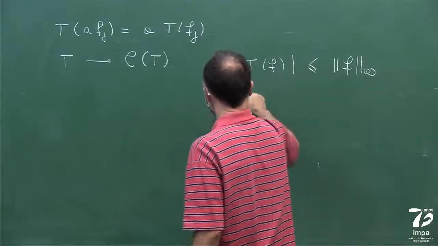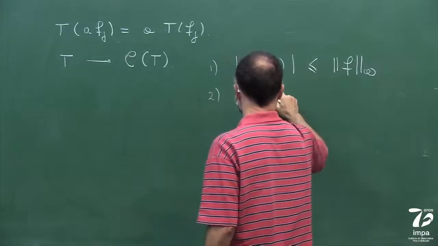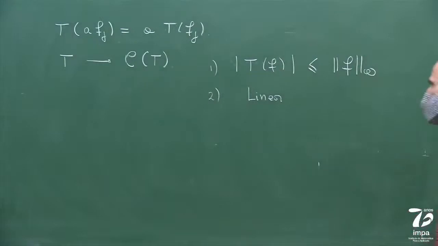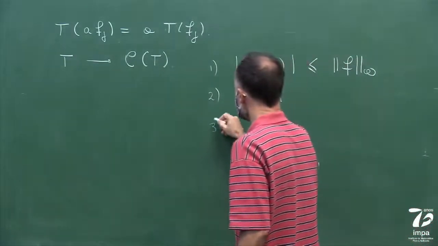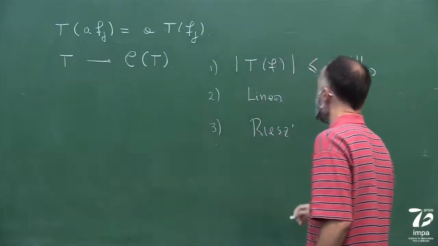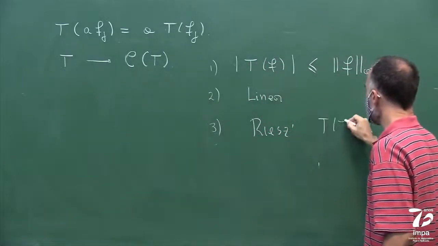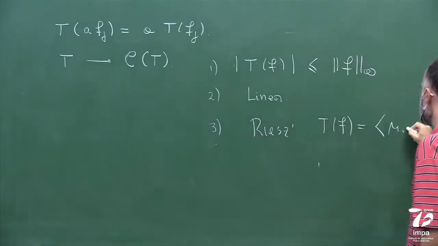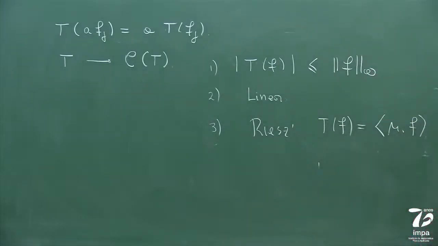And it's linear. Then at this point, you use Riesz's representation lemma, which tells you that, well, then there exists a measure such that t can be written as mu of f.